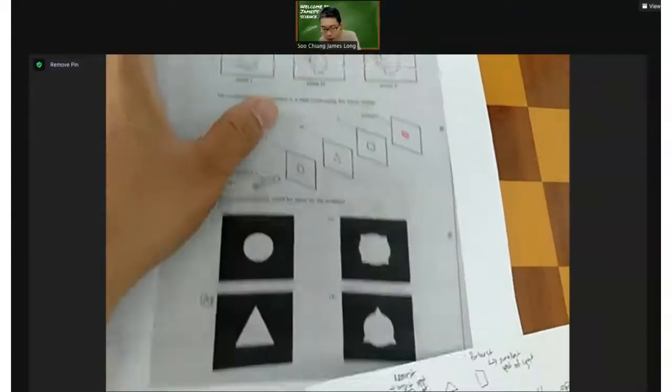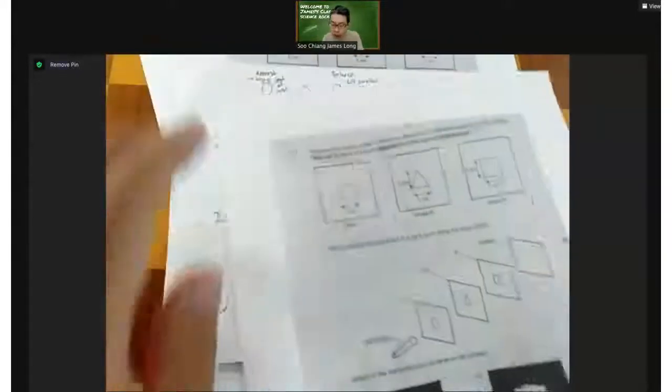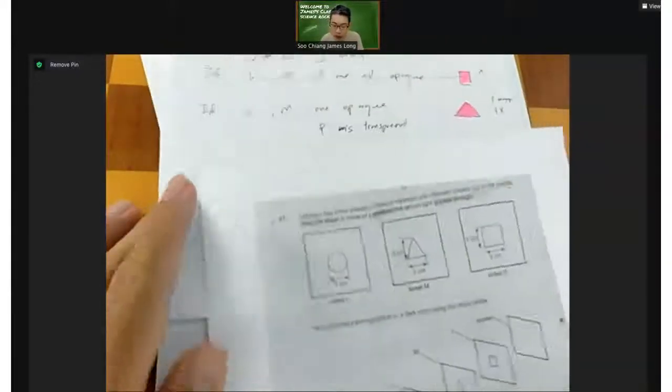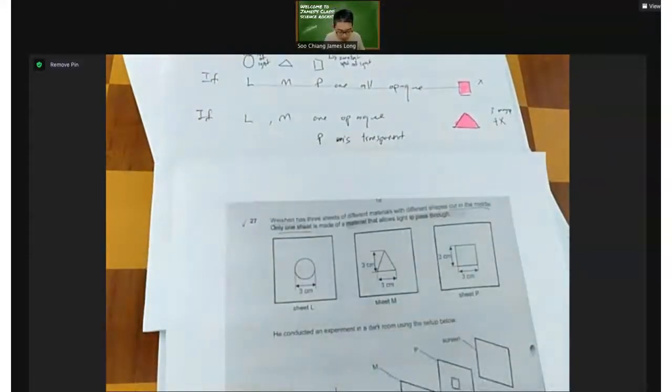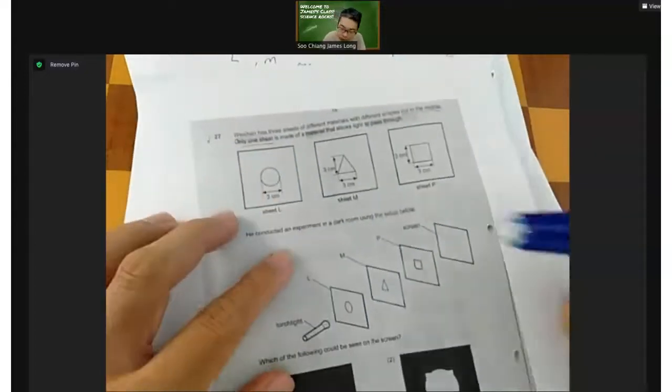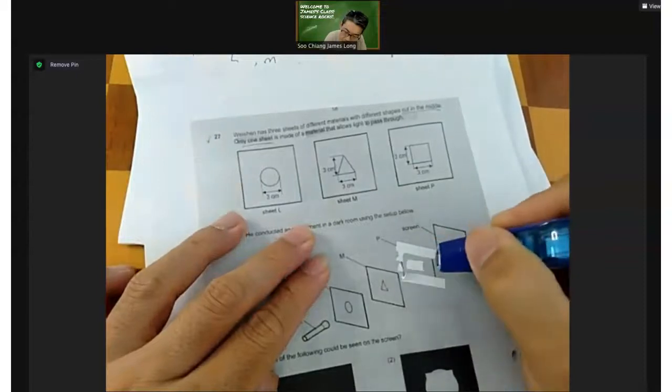Now, let me try to demonstrate to you how that is possible. Transparent in our case will mean most light passes through. So if I assume that it's going to be this case, P is transparent. So it is as if P is not there. So let me remove P. P is not there, right?